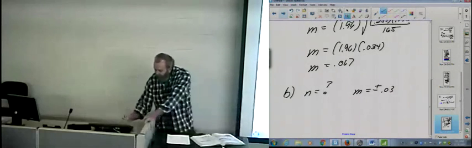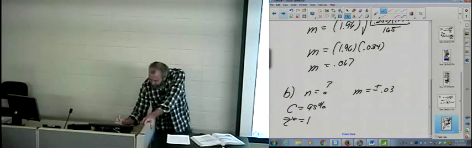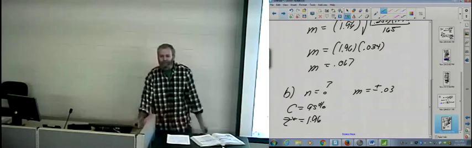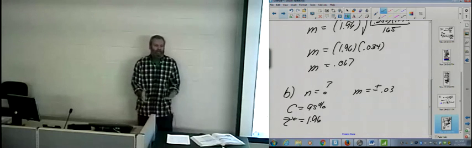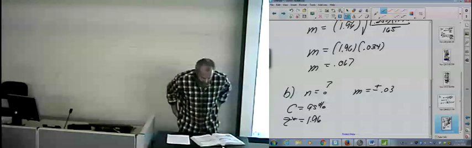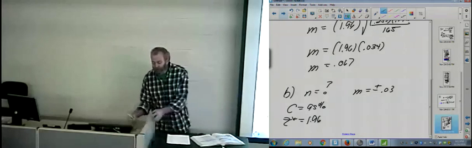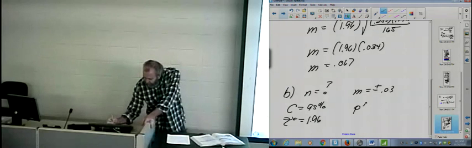Okay? The confidence level we were looking at was, remember, 95%. My little z star was 1.96. Now, I'm going to read the last sentence here because I need to know something. It says, use the sample from Part A as a pilot study to get P star. What they're telling you is use P star equals 0.255.